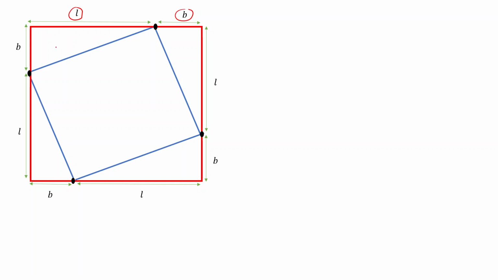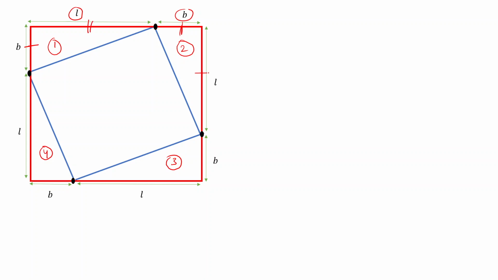How are we going to prove it? So let's think about these four triangles here. 1, 2, 3, 4. So these triangles are congruent. They seem like congruent, but using SAS, the side-angle-side criterion, you can prove that they are actually congruent. You see these triangles number 1 and 2. This length and this length are the same.